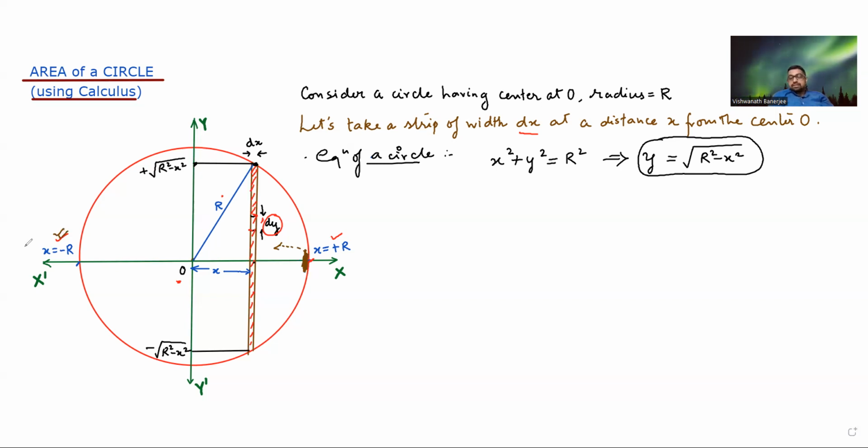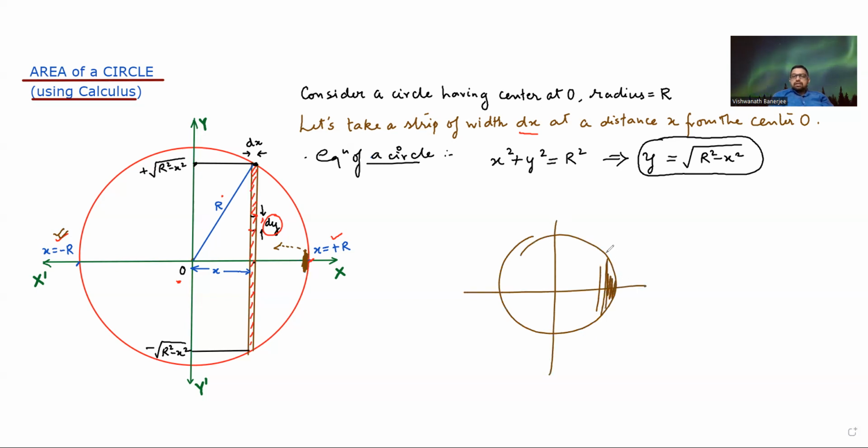So the limits of x would be plus r to minus r. It's like this: one strip is here, and then adding all the strips gradually will complete the circle. So we are moving from plus r to minus r on the x-axis.